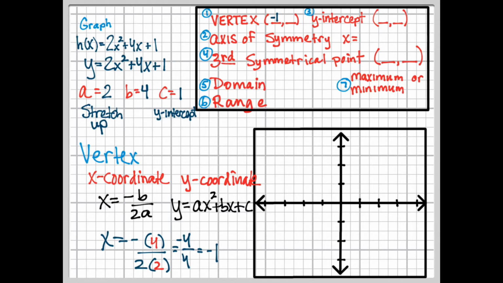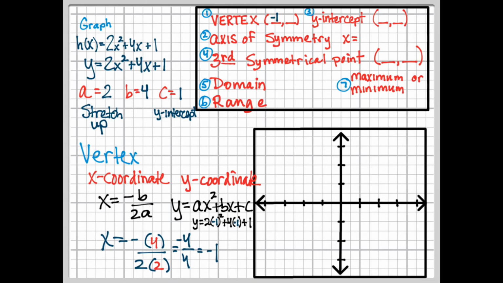That will look like this. y equals 2 times blank squared, plus 4 times blank, plus 1. In the blanks, there's an unknown. It's a variable. It's x. We used to not know what x was, but now we know that x is negative 1. So we replace the x in the equation with negative 1.